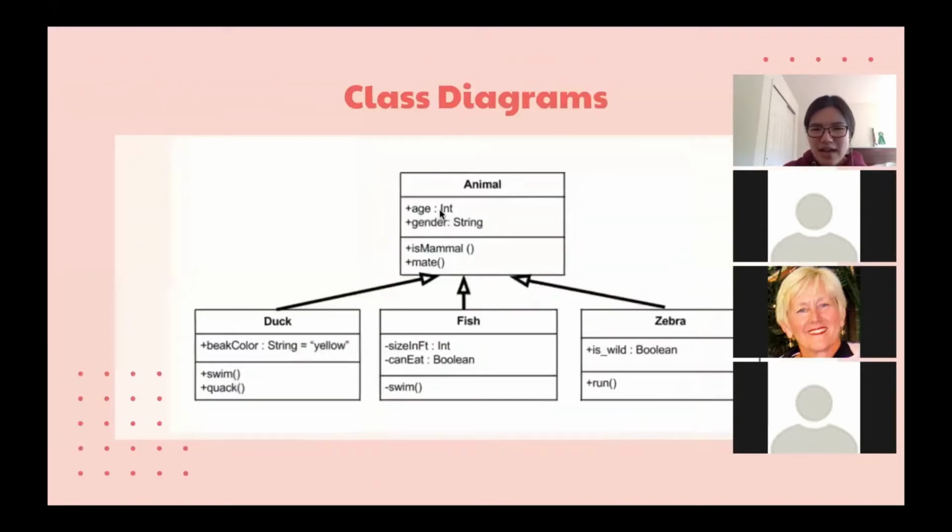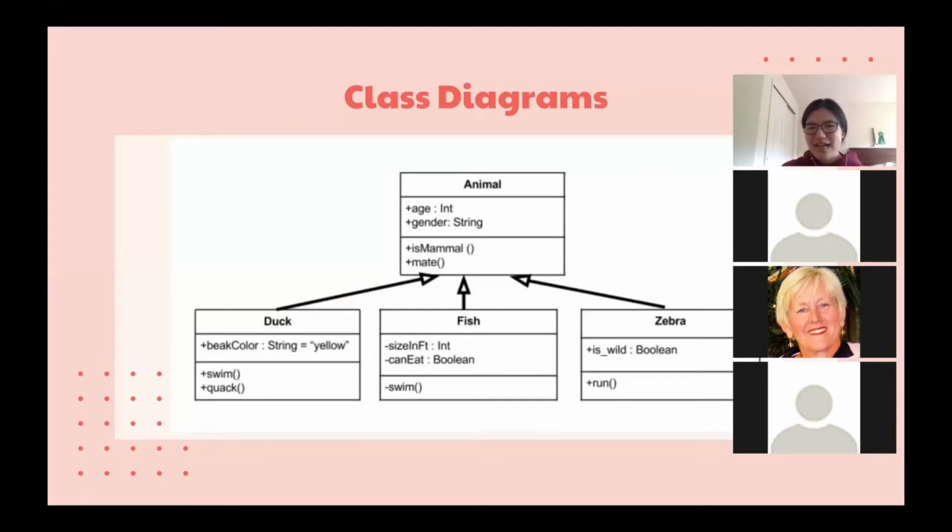An animal can have an age or a gender, but that's different from having a subclass. A fish is an animal, and an animal can have an age. So that's how subclasses are different from just having a class variable or a field.